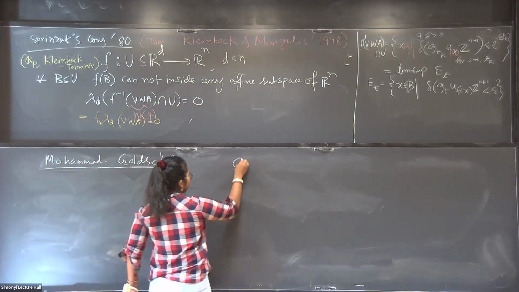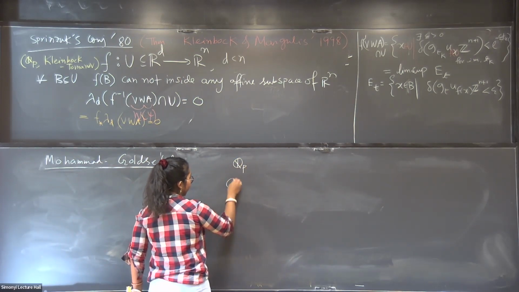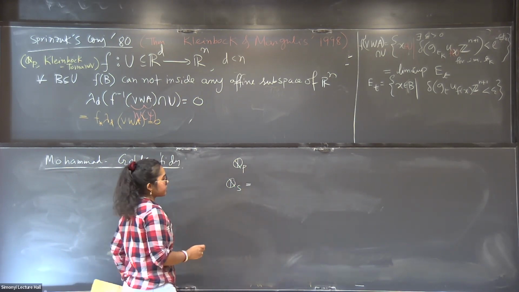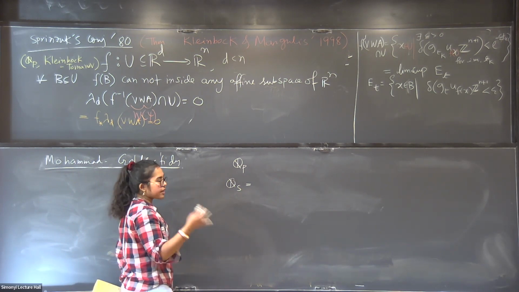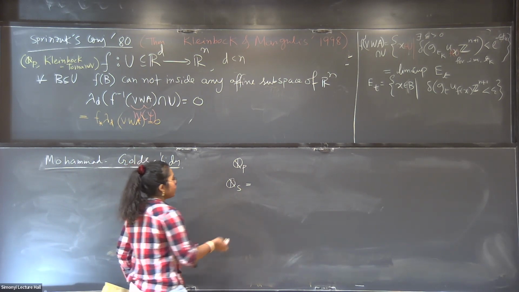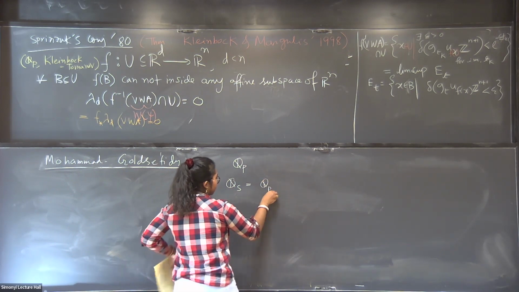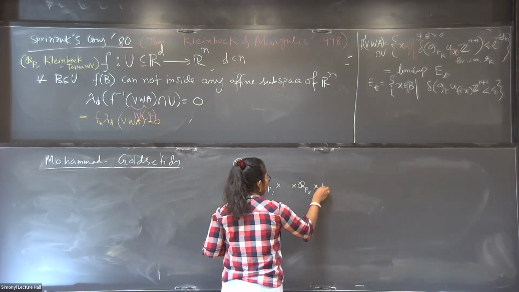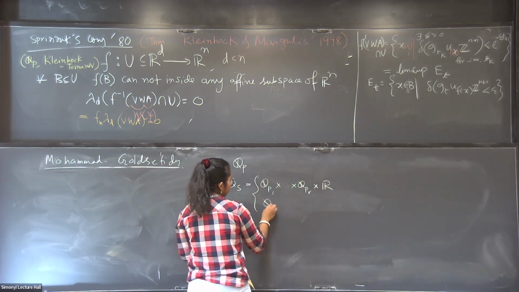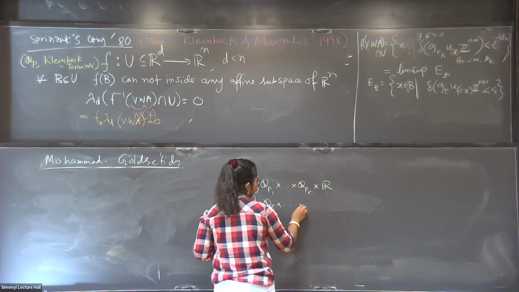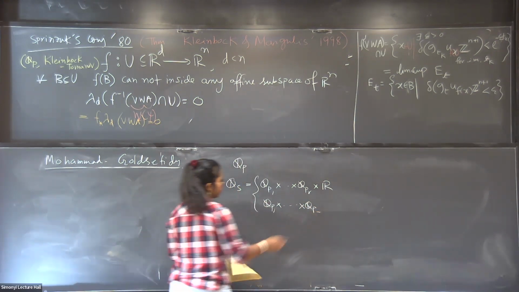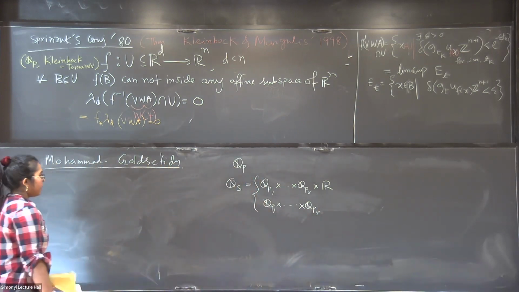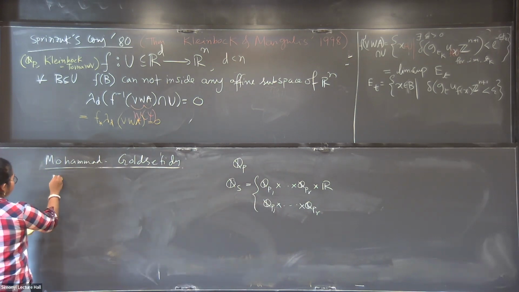Instead of Q_p, you can just take Q_S, where S is a set of finitely many valuations of Q. So Q_S is going to be just like Q_p1 times and so on, and you may or may not have R. So you may have only purely algebraic places, or you may have reals as well.